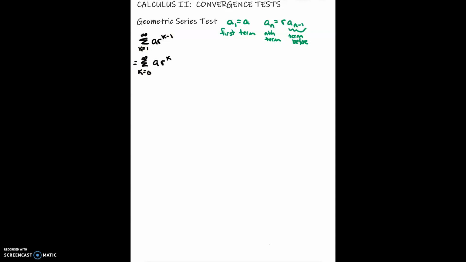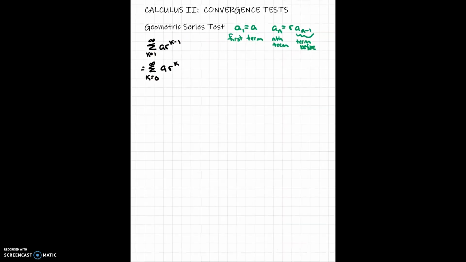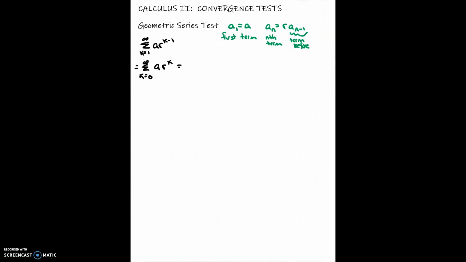Once we recognize it, it turns out that this is equal to a over 1 minus r as long as the absolute value of r is less than 1. If this is the case, then we say it converges.